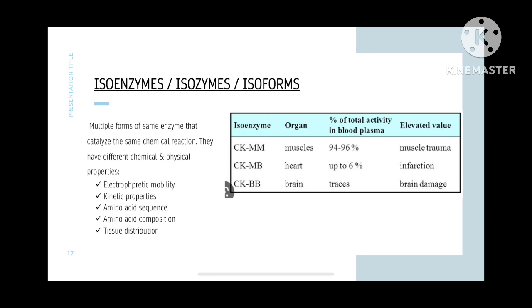Another factor that could affect enzymatic reactions are isoenzymes, or otherwise known as isozymes or isoforms. The rationale about this, class, is that even though a particular enzyme maintains the same catalytic function throughout the entire body, that enzyme may exist in different forms within the same individual. The different forms may be differentiated from each other based on certain physical properties such as electrophoretic mobility, solubility, or resistance to inactivation.